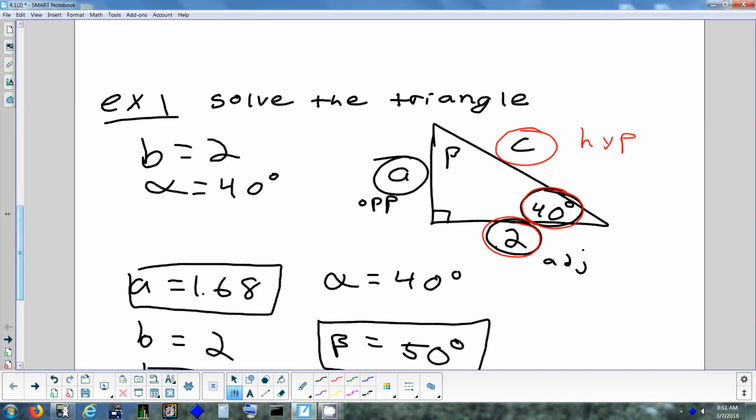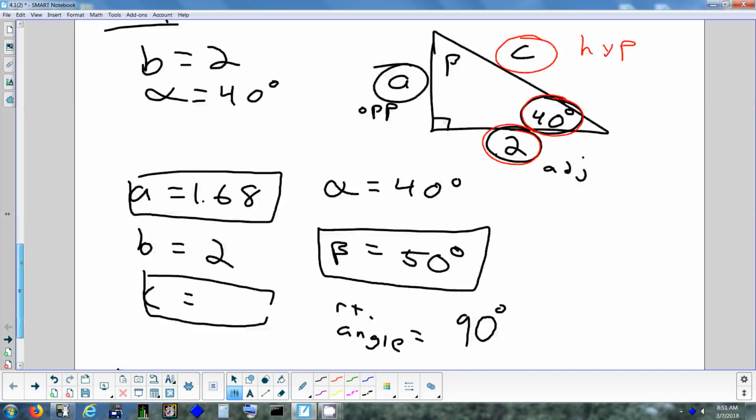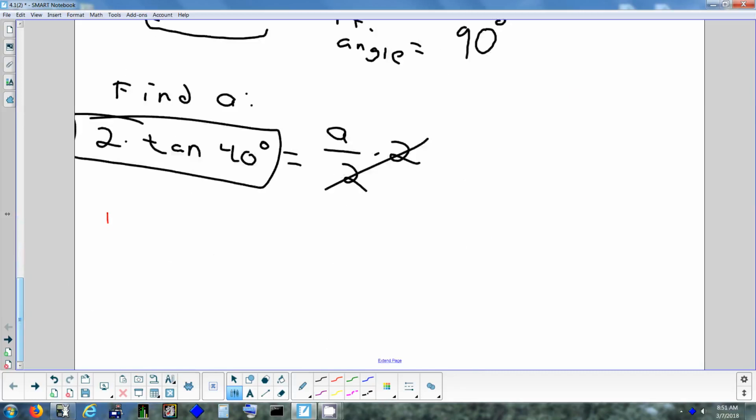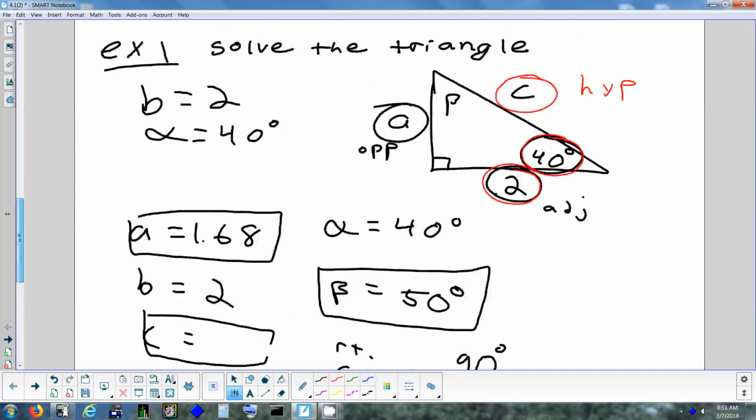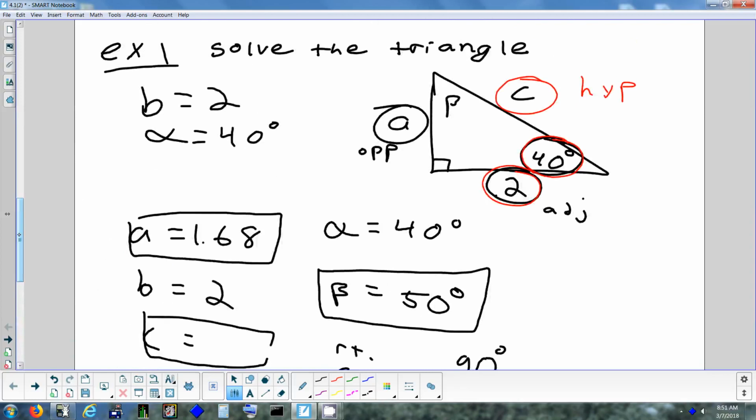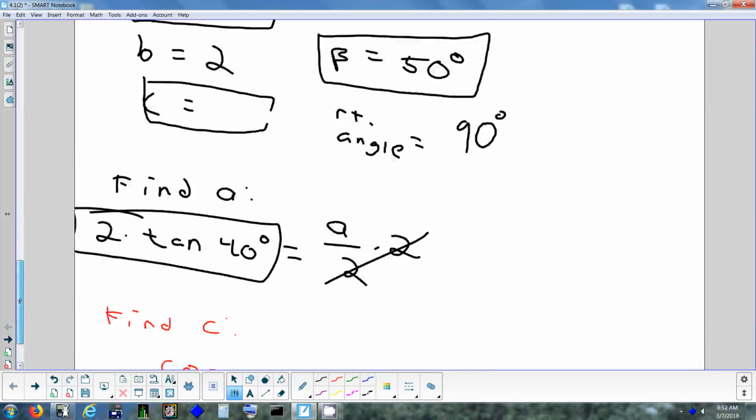So what trig function involves adjacent and hypotenuse? Forget about opposite, because that's A, and we're done with A. Cosine. So now to find C, the cosine of your angle equals adjacent over hypotenuse, 2 divided by C.